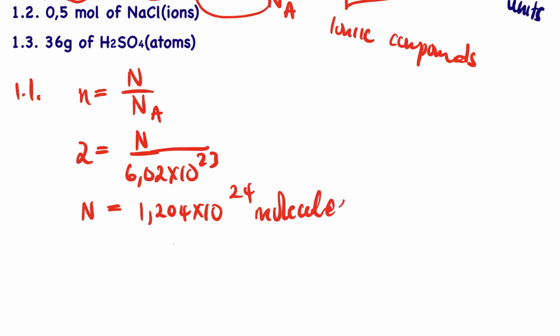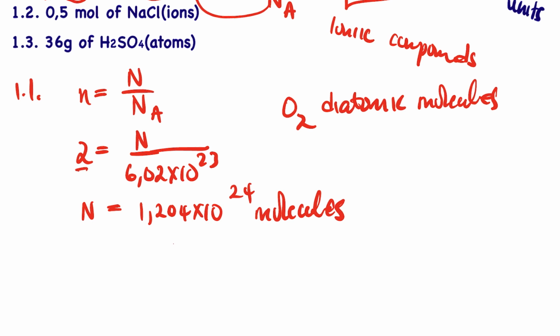molecules. Remember, guys, the oxygen is a diatomic molecule. So the first thing that you're going to get there, if you times the number of moles of oxygen, you get the molecules, but the question wants the atoms. In order to get the atoms, guys, you calculate how many elements are there.